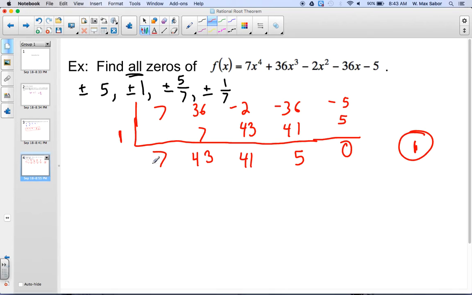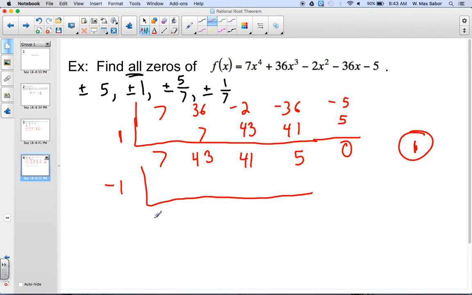Now, we still have this list. All of these are positive numbers, and I feel like if I put a positive number in, it's not going to work, because it'll just make the numbers bigger and bigger. So let me plug in something like -1 and see if -1 works.